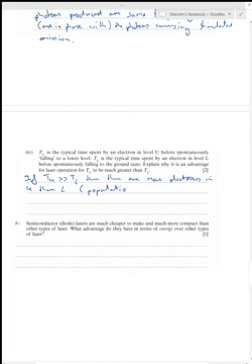It's probably important to have that phrase in the answer. Which means stimulated emission is more likely, or happens more often, than absorption.